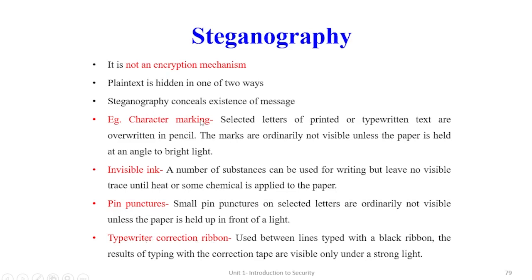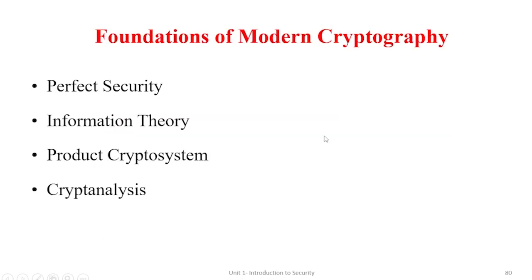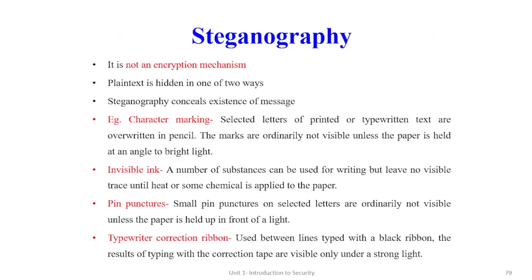In character marking, selected letters are printed with separate ink or printed with separate height, or typewritten text is overwritten in pencil. These marks are ordinarily not visible unless the paper is tilted at the correct angle. So it is one type of steganography.